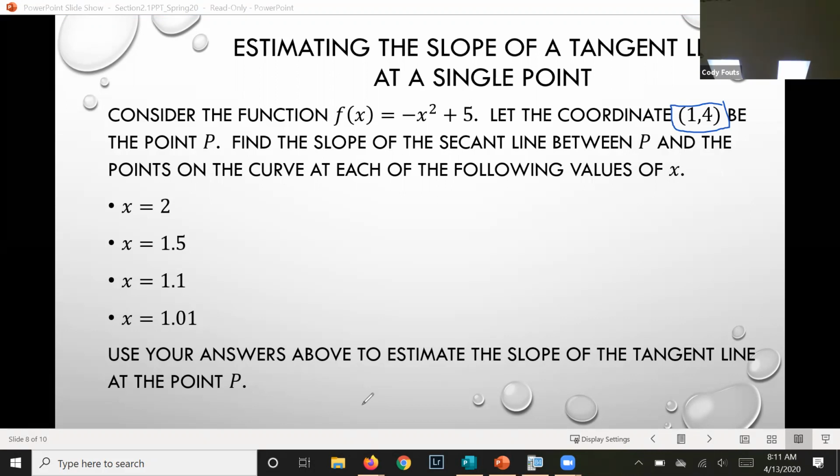Just as a visualization of what's going on here, we know the graph of negative x squared plus 5 would look something like this. The point (1, 4) would be somewhere right here. And what we're going to do is look at points with other values of x, like say x equals 2, which would be here.